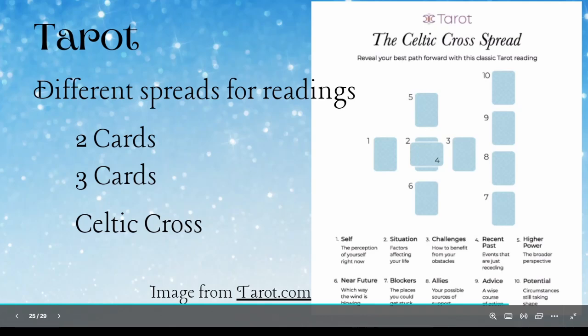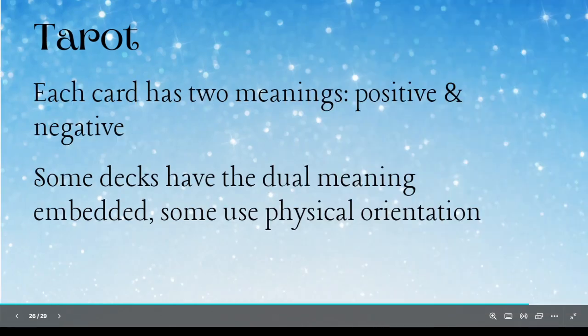Most of the time, like what you'll see in TV and movies, when the card is upside down, it has a negative meaning. The one that I have, the dual meaning is basically embedded in the picture. So it's almost like it's painted or drawn in such a way that there's a light aspect on the card where there's light shining and the characters in the light. But there's also a part of the card that's dark, where maybe there's the dark forest, there's a tunnel, there's an underground, there's a cave.